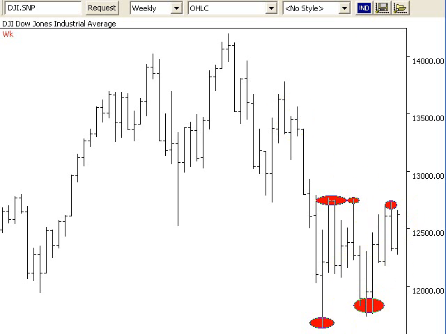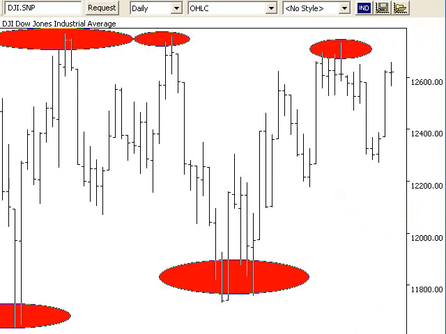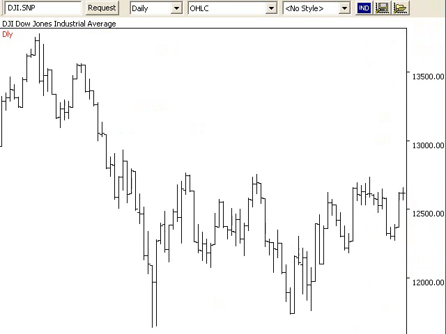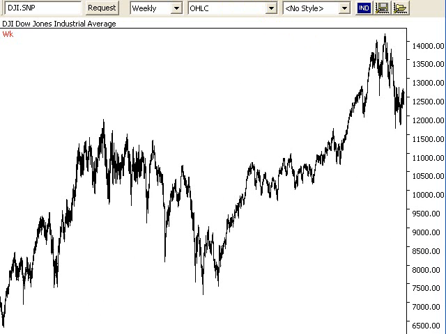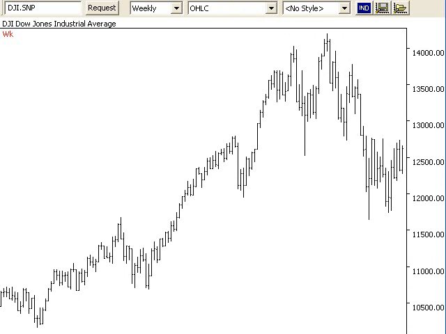If we bring it over to a daily chart, we can see that we had this big upward move, and now we're coming against this resistance line. If we compress our chart up a bit, let me bring up a weekly chart and open up a bit. You'll notice that there's a fair bit of support and resistance around there.